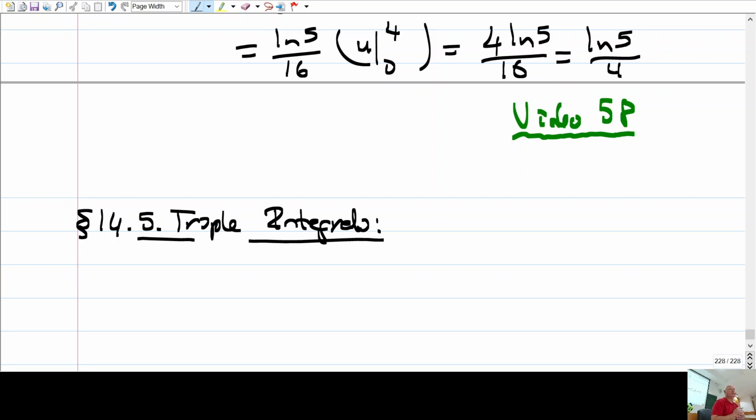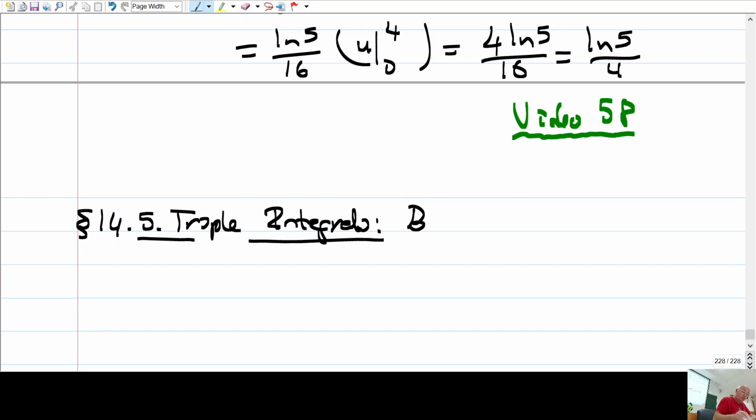Integrals of one variable functions are quite different from integrals of two variable functions, but after two they are all similar. So the theory and the practice of triple integrals is very similar to double integrals.